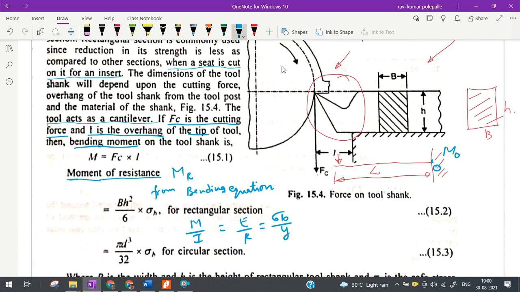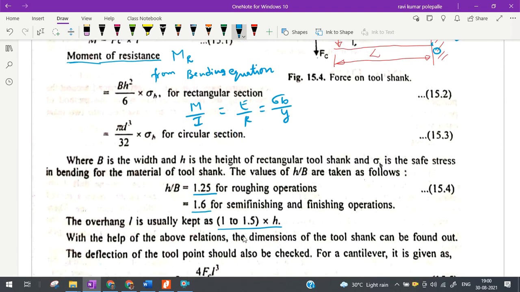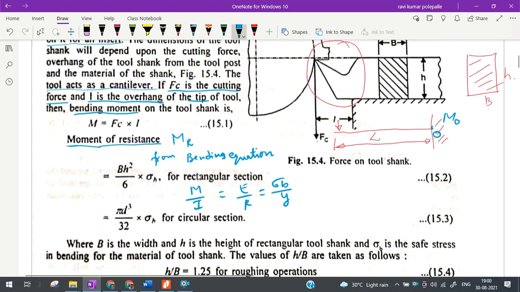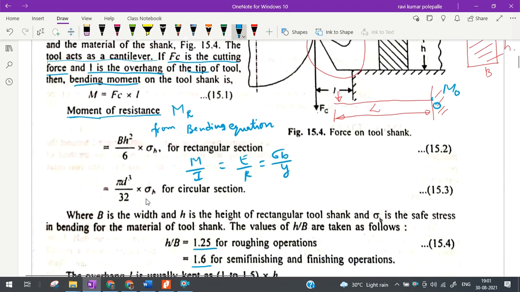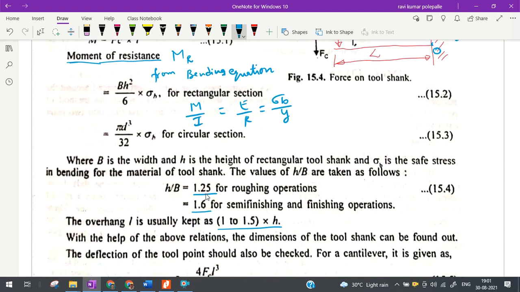Cutting force Fc may be given, and using L equal to 1 to 1.5 times H, I can make a substitution and obtain M. So when I have this M numerical value, I put it on the left hand side, and I have B and H. Sigma b is known. The relationship between B and H is also fixed depending upon whether it is a roughing operation or a finishing operation. So in that way, it is possible for me to find out the value of H as well as B.